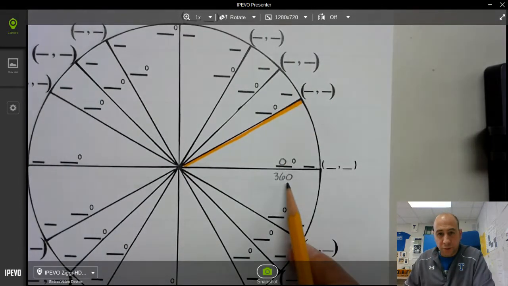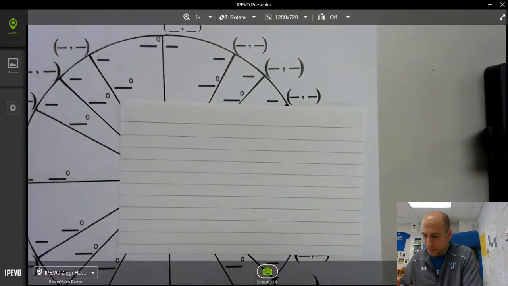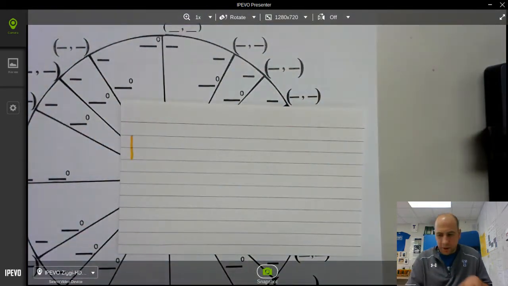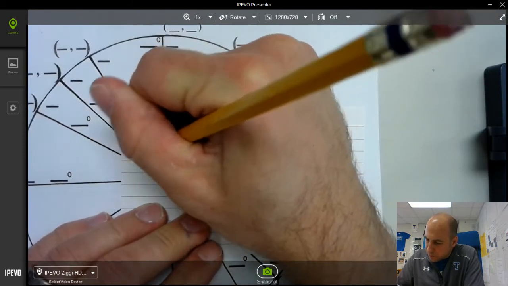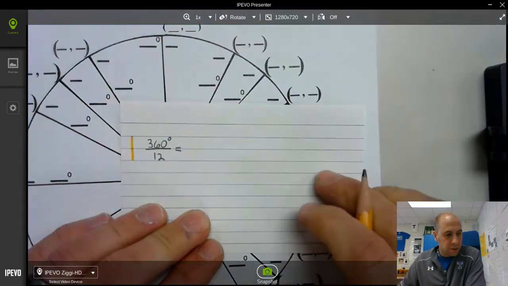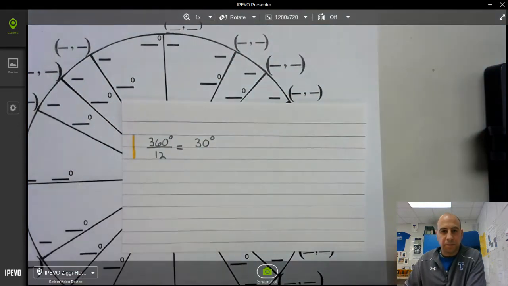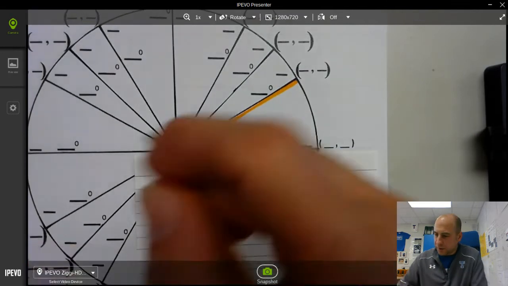So if that's 360 degrees, then that yellow piece is 360 degrees divided by 12, which equals 30 degrees. So we know that that piece is 30 degrees.